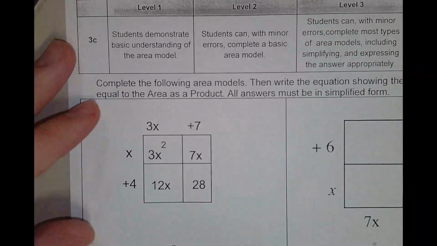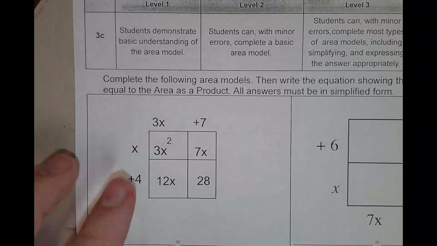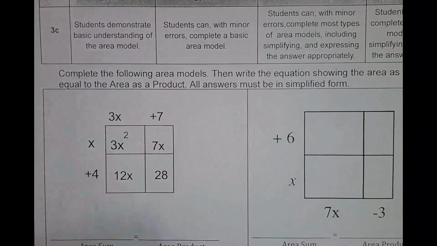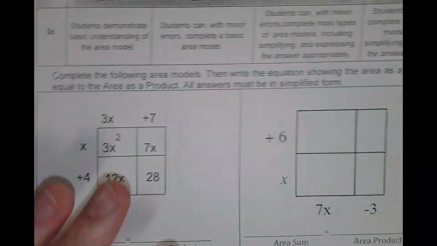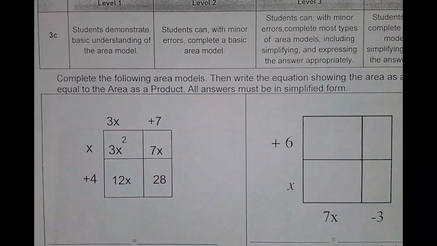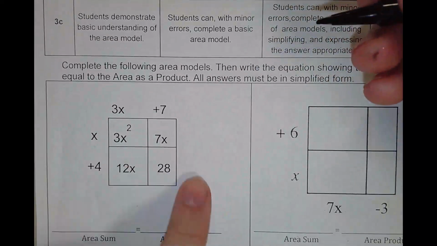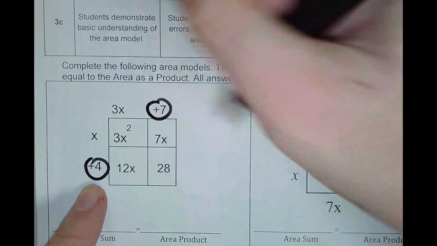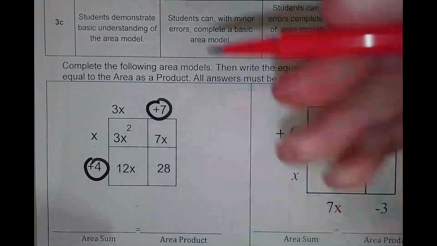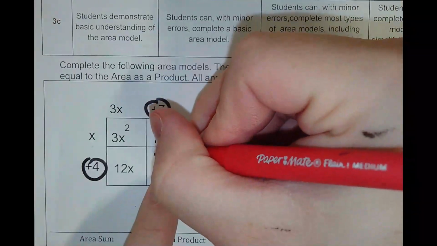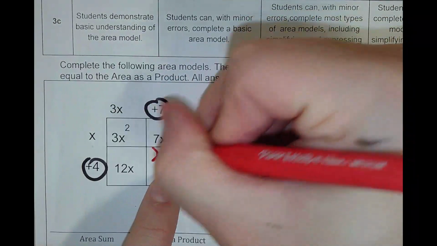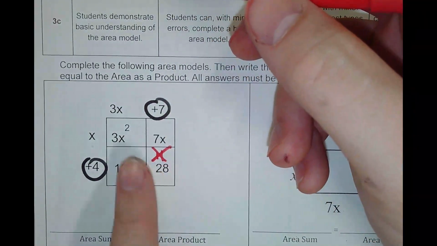All right, area models. Our goal for area models is to be able to multiply correctly. Something that is very easily forgotten and a common mistake on tests is that with area models, you must multiply. So if you notice there's +4 and +7, it doesn't mean that 7 plus 4 is going to be 11. That's a common mistake. It's not adding, it's multiplying.